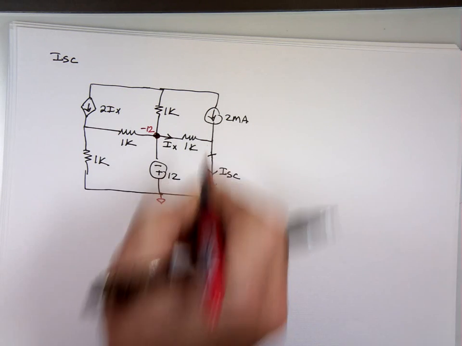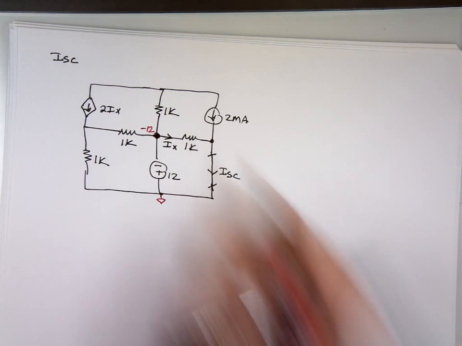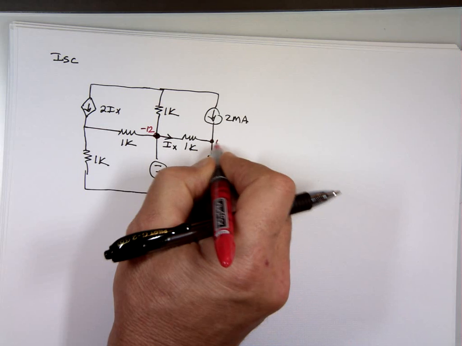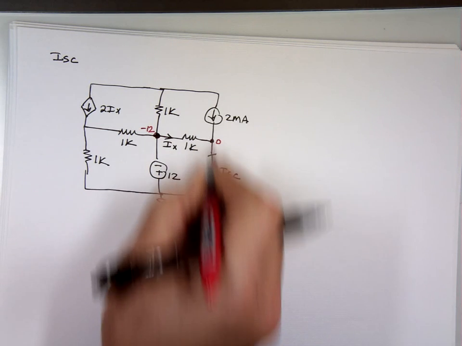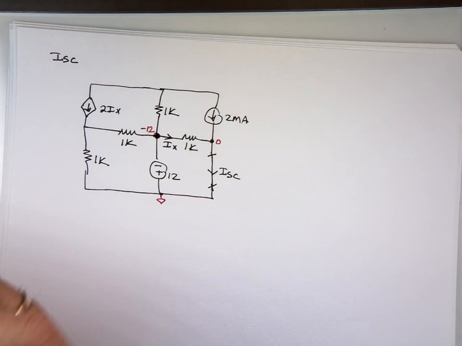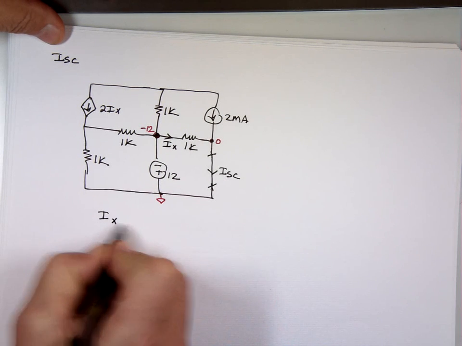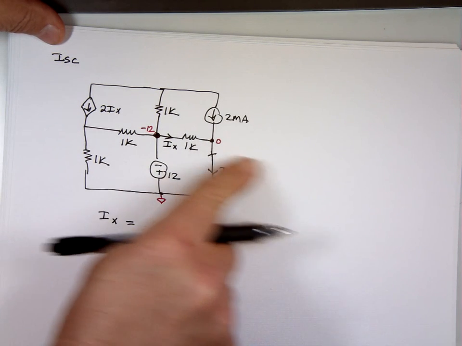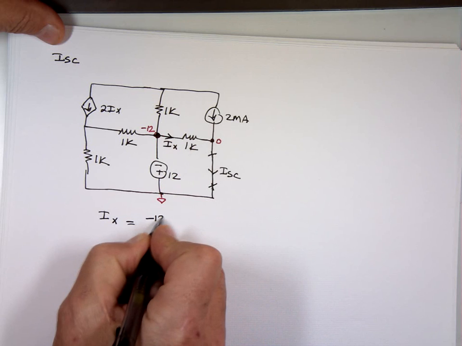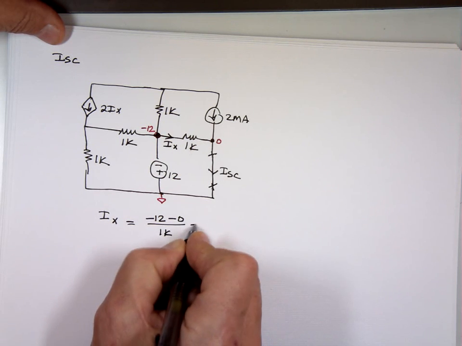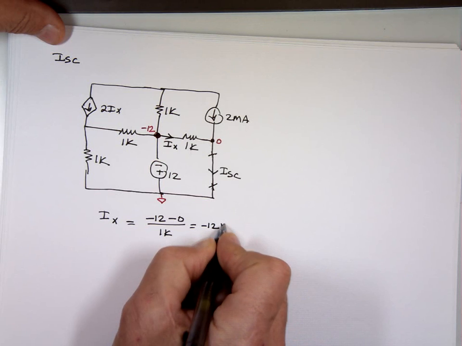If this is ground, what is the voltage here? Zero. Ground, same node. Do we know what I sub x is? I sub x defines the current going that direction, so negative 12 minus 0 over 1K, which is negative 12 milliamp.